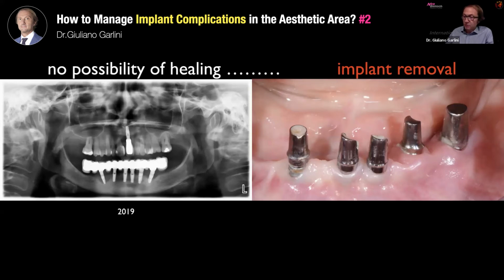The removal of this implant will be very easy, for example, for the implant on your left, but for the implant on your right it will not be so easy, because sometimes, if you have only 4 millimeters of bone around the implant, you must apply force to remove the implant itself because it is well integrated in this area.